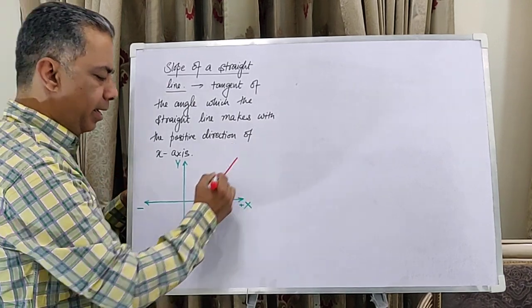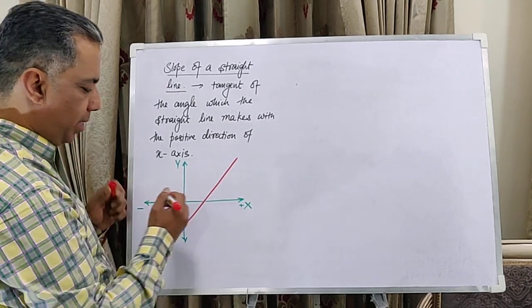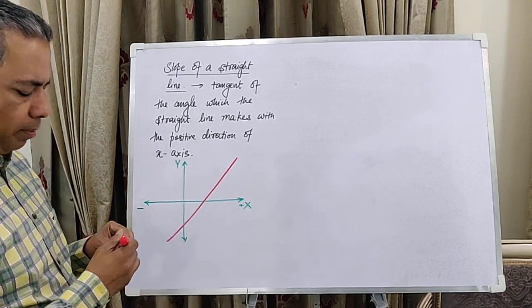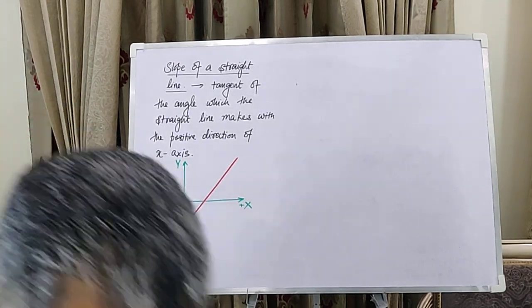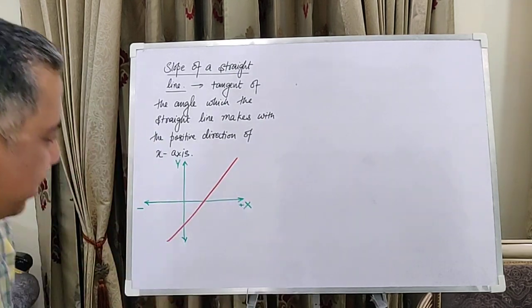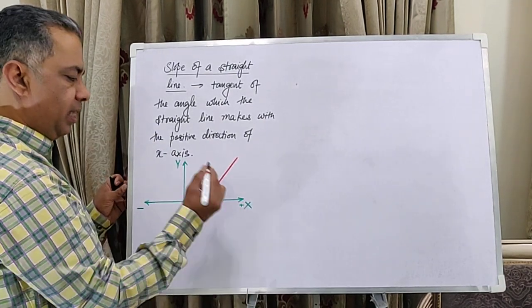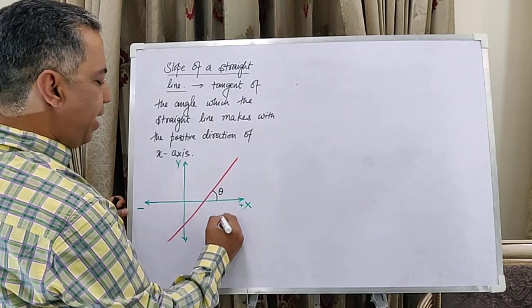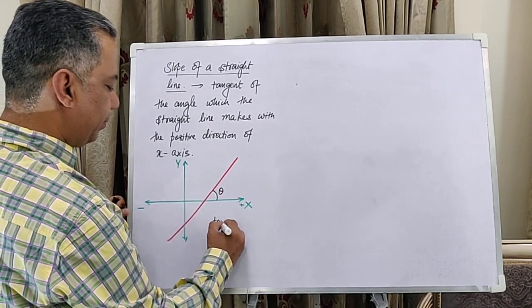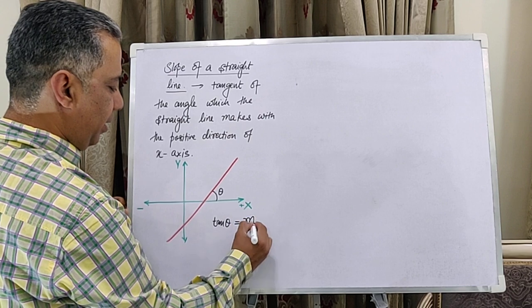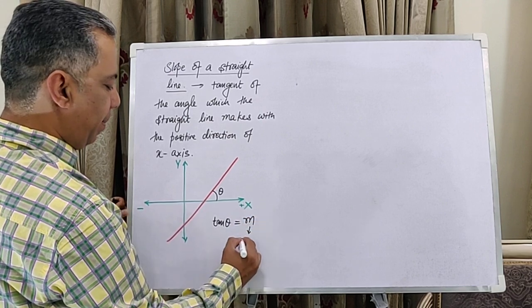Now this straight line makes an angle over here with the positive direction of the x-axis. Now that angle is this theta. Now tan of this theta is the slope m of this straight line.